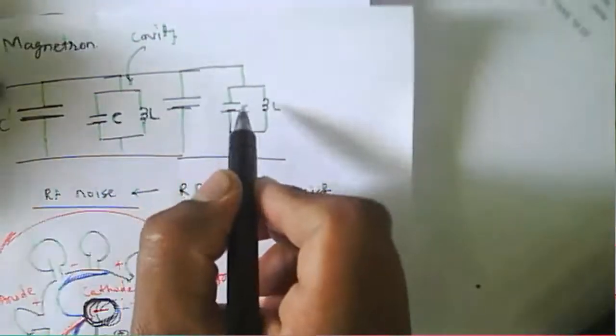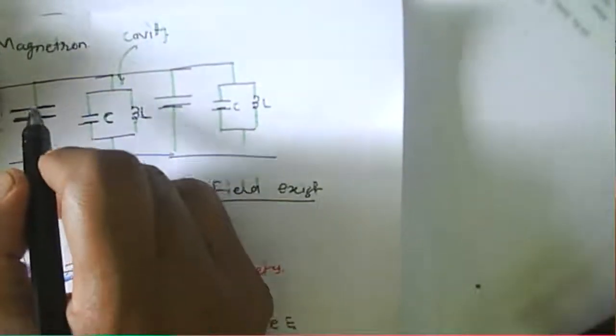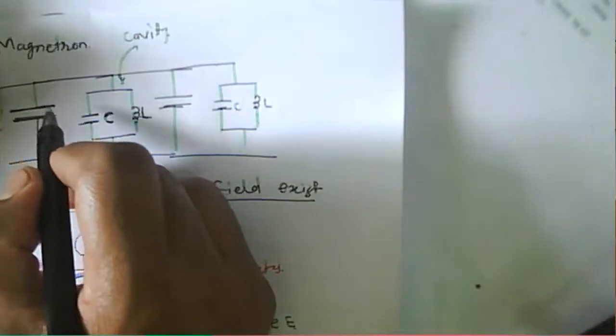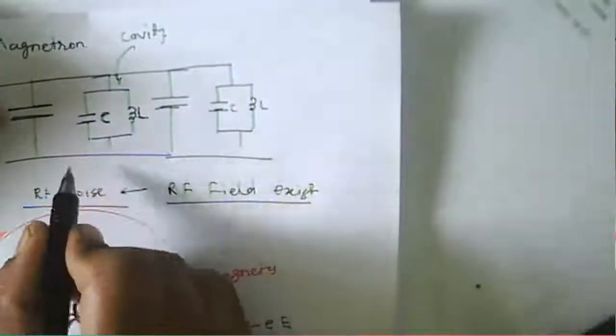If there are n resonant coupled cavities of the anode, there will be n resonant frequencies, n number of resonant cavities.